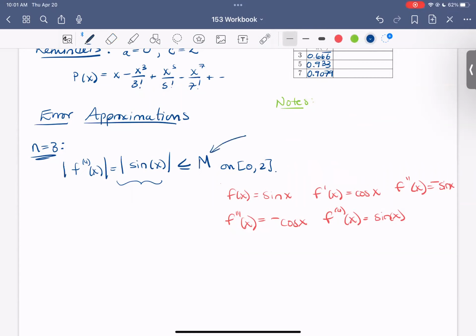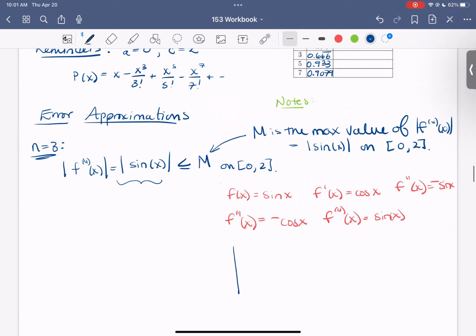So this M is the max value of f to the fourth of x, which is the absolute value of sine of x, on the interval from 0 to 2. So let's just recall sine of x. It's a nice function that bounces between -1 and 1.